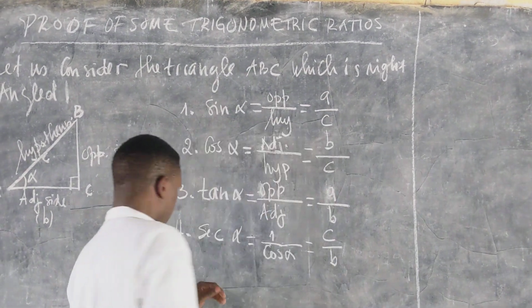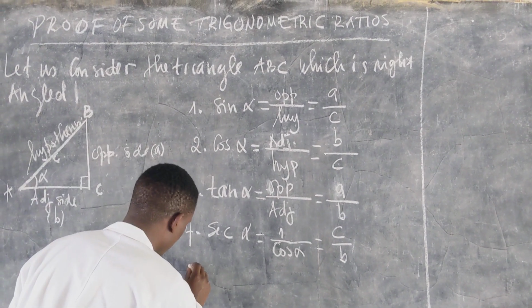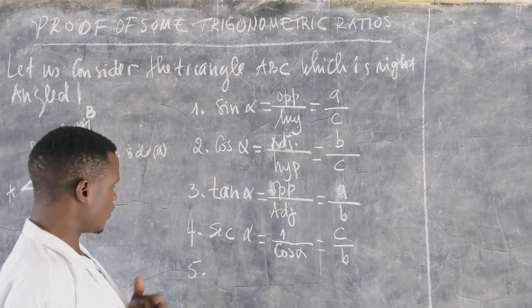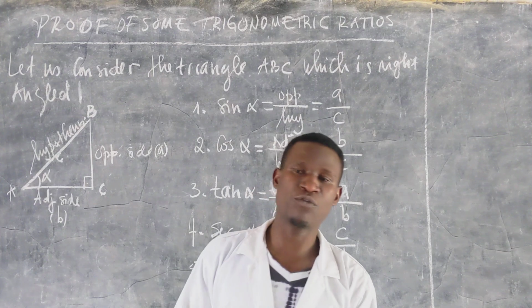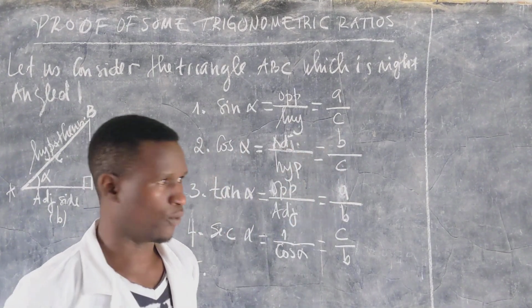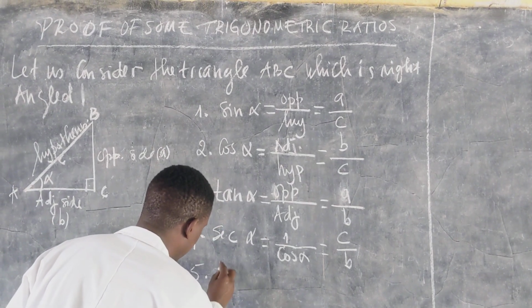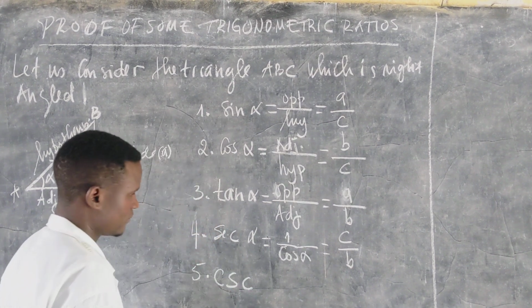So let us move to the fifth trigonometric ratio. The fifth trigonometric ratio is called cosecant. Cosecant of an angle is the inverse of the sine of that angle. Cosecant is noted by csc.